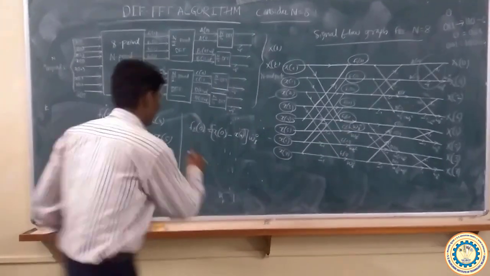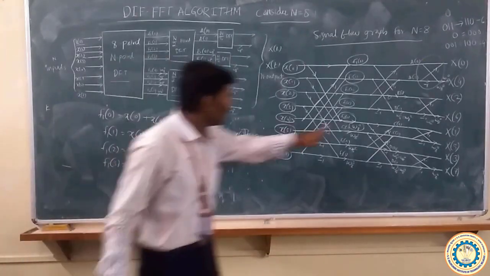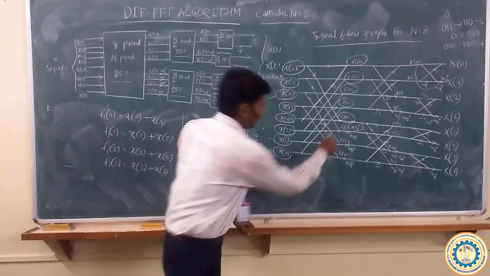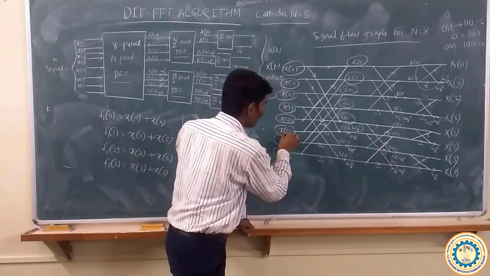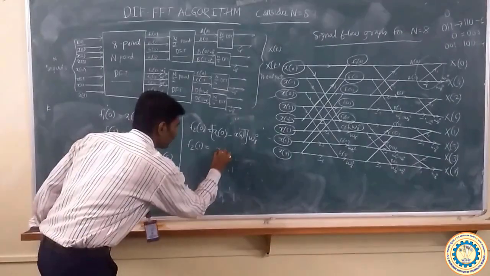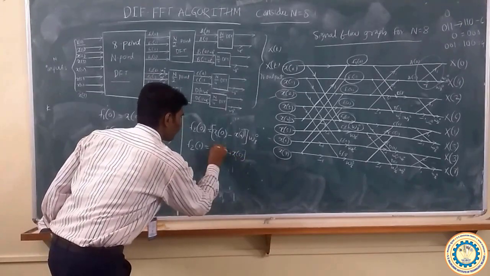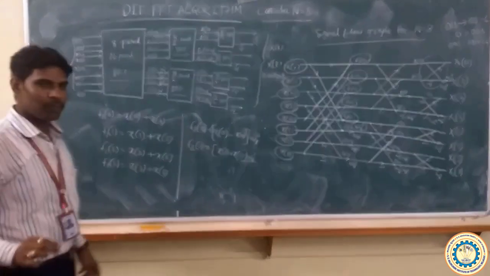Similarly, f2 of 1 is equal to, here for this node, one input is coming from x of 1, another input is x of 5. So I can write it as x of 1 minus x of 5, and it will be multiplied with w8 1.